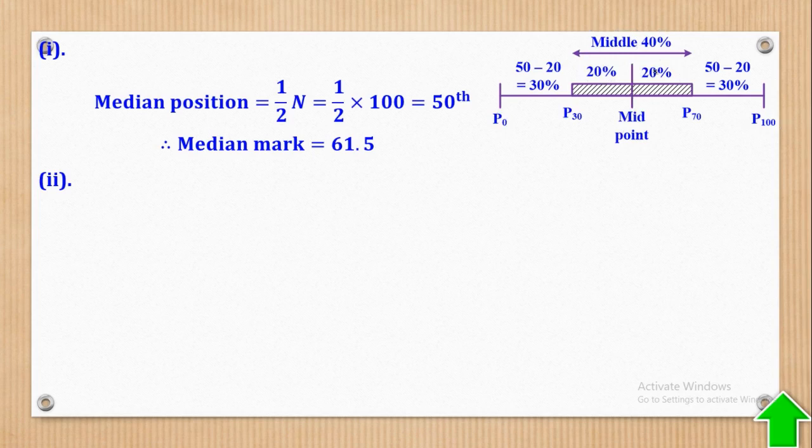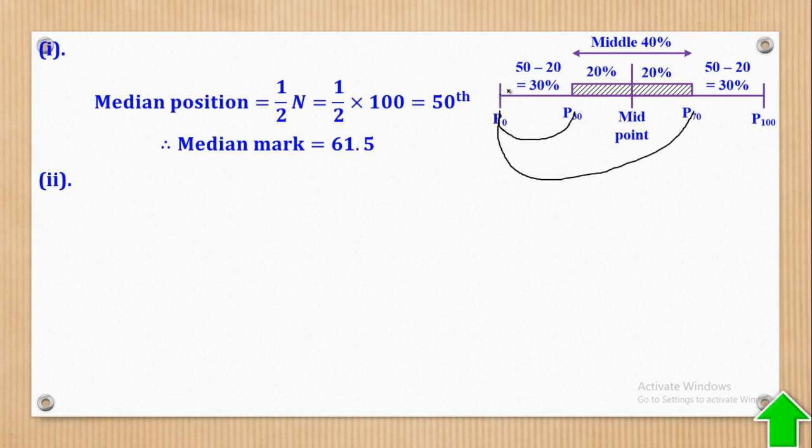But remember, it was divided into 2, meaning that the whole of this is 50 and the whole of this is also 50. What does that mean? It means that this remaining part will be 50 minus 20, which is 30, and also this remaining part will be 50 minus 20, which is 30. So now that we have got that, from here up to here will be P30, and also from here up to here will be what?